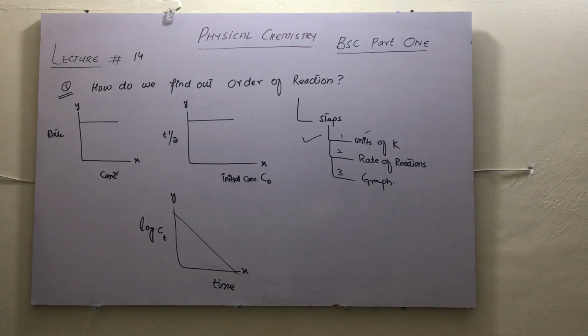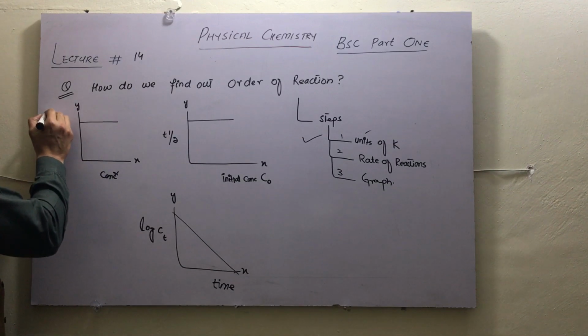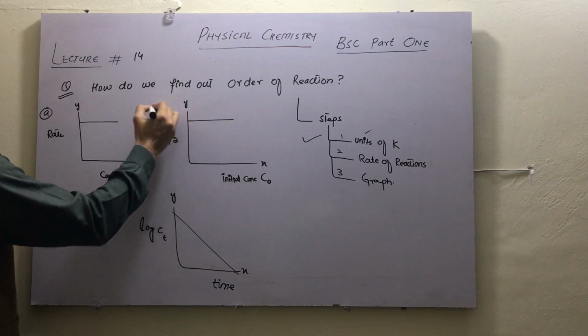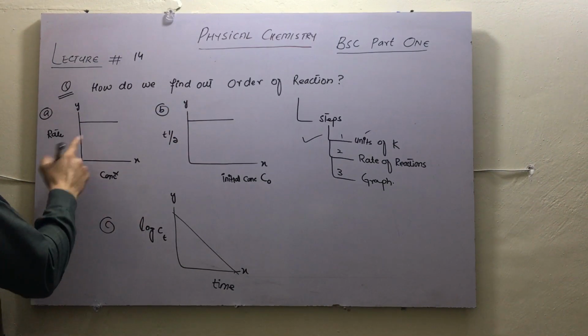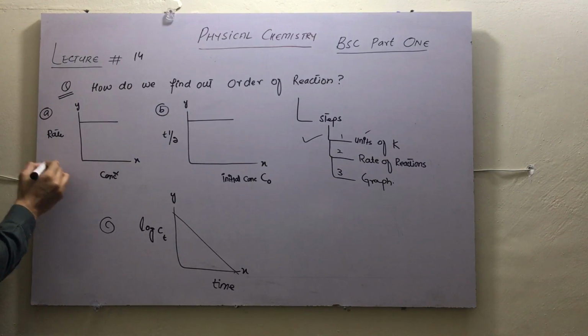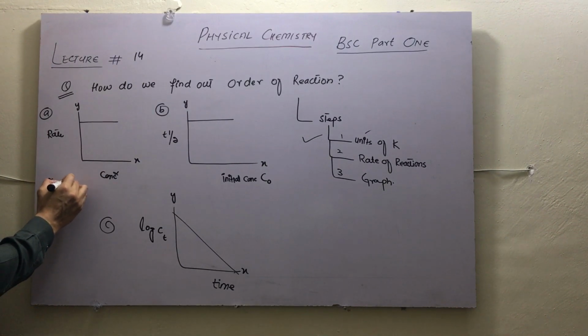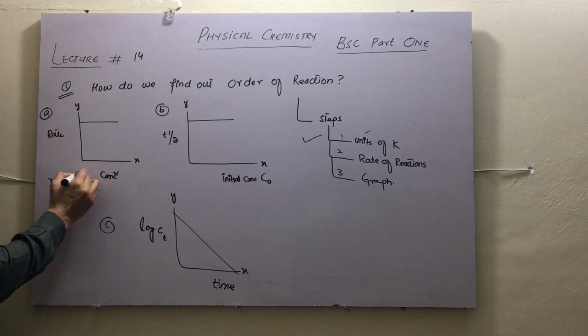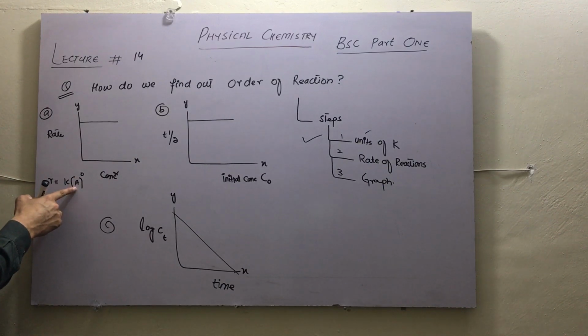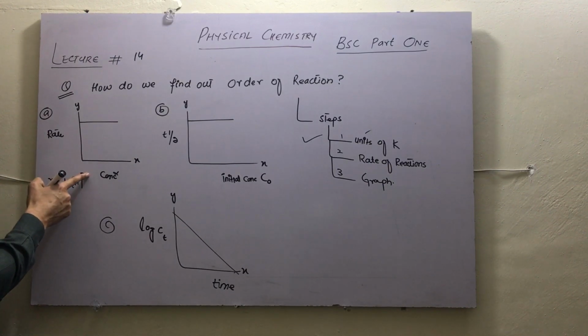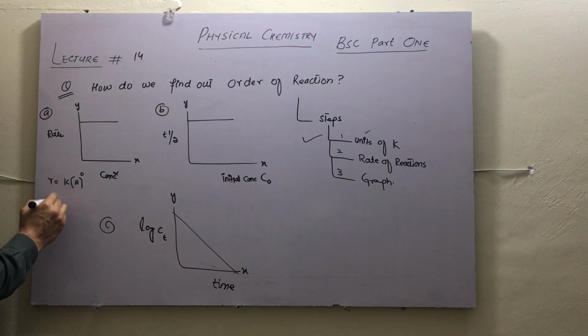Like, suppose the graph is given. Now see, in this reaction, this is A, this is B, and this is C. For A, the rate is directly proportional to k times the concentration of A to the power 0. Anything to the power 0 becomes 1. So rate is directly proportional to k, which means it is zero order.